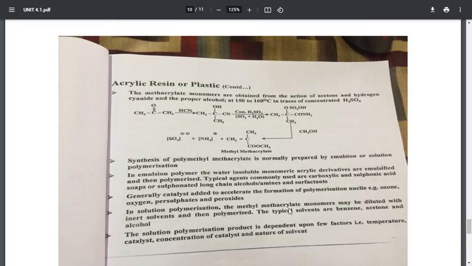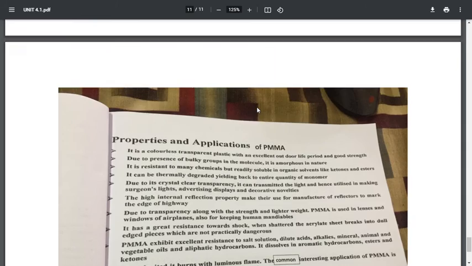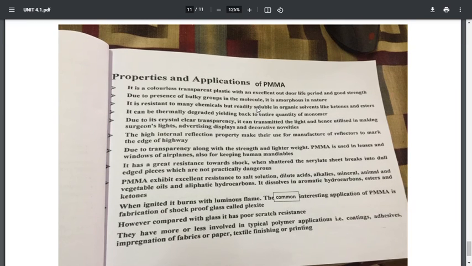In solution polymerization, the methyl methacrylate monomer may be diluted with enough solvents and then polymerized. The typical solvents are benzene, acetone, and alcohol. The solution polymerization product is dependent upon a few factors, that is temperature, catalyst, concentration of catalyst, and nature of the solvent. Now properties of PMMA and also application. It is a colorless transparent plastic with an excellent outdoor life period and good strength.